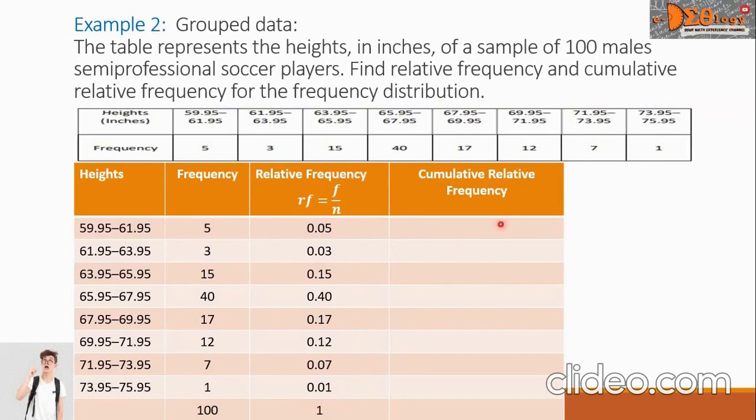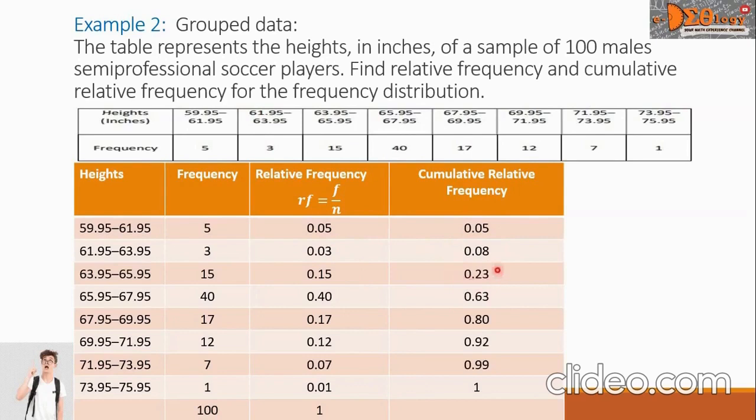Next, we will now fill in the cumulative relative frequency. For our first row, we will simply copy this 0.05. For the second row, we will add the 0.05 to the 0.03. So we have 0.08. And that pattern we will follow. 0.08 is added to 0.15, and that is 0.23.